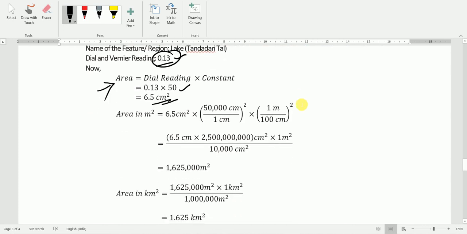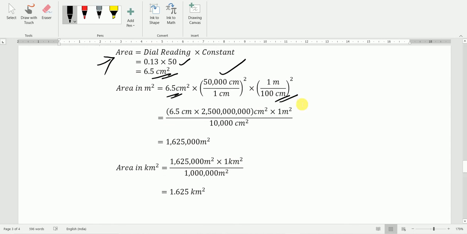To find the area on the ground, we have to follow the same method. So this is the area on the map, and if we want to express it in square meter, then this is the scale factor to be multiplied by the square of these 100 centimeters, that is 10,000.